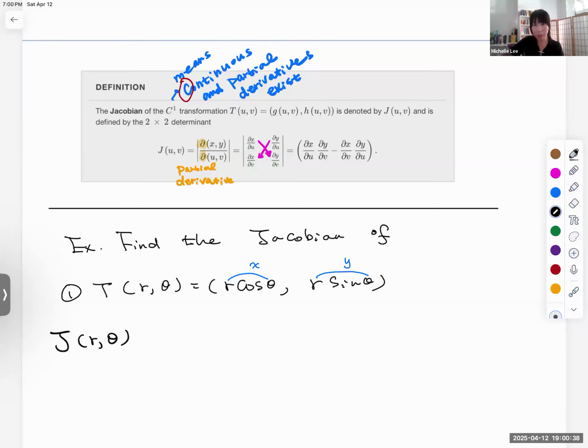So we make the same form: partial derivative of x with respect to u, partial derivative of y with respect to v. But then we are using r, theta. I forgot, I said earlier and then I forgot. Sorry, theta.